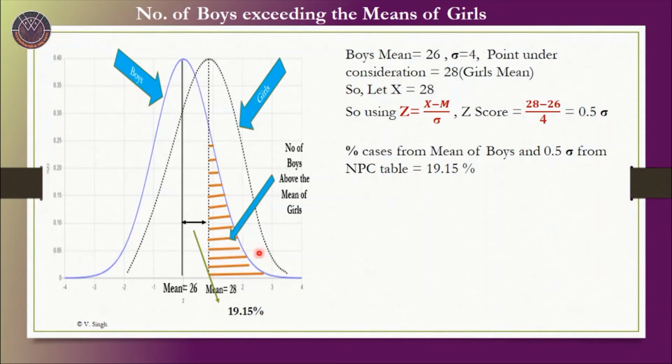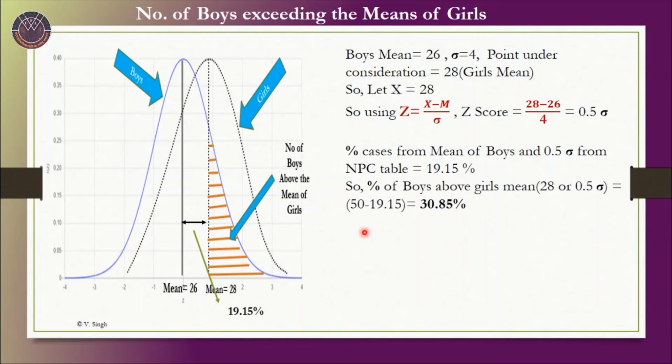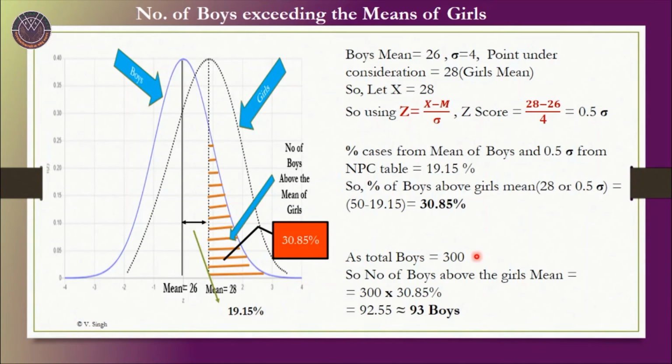So in this particular part, percentage of cases will be 50 minus 19.15%, that is 30.85%. We also know that number of boys are 300. So 30.85% of 300 is 93 boys. So in terms of numbers, we have got 93 boys, those who are above the mean of girls.